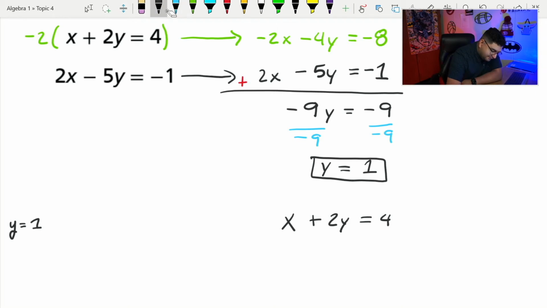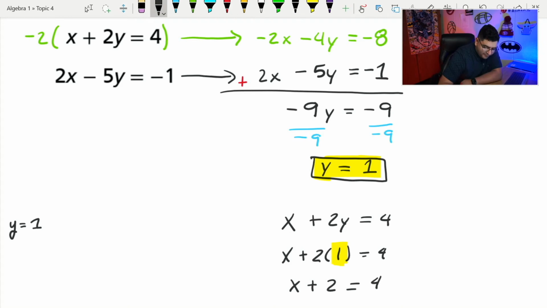I can then substitute the one that we just found. So we would have x plus 2 times 1 now. And again, that came from the highlighted area. So that would just be x plus 2 equals 4.